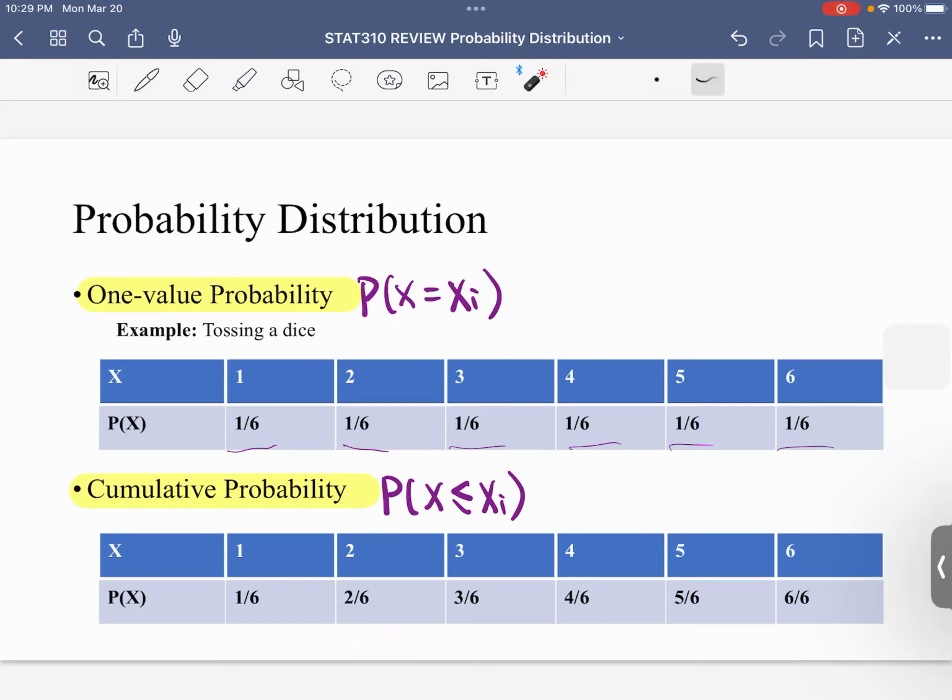So P of X less than or equal to 2 means you need to add up the probability of P(X=1) plus P(X=2). So you will end up getting 2/6 because this is 1/6 plus 1/6. So this example is a discrete example.